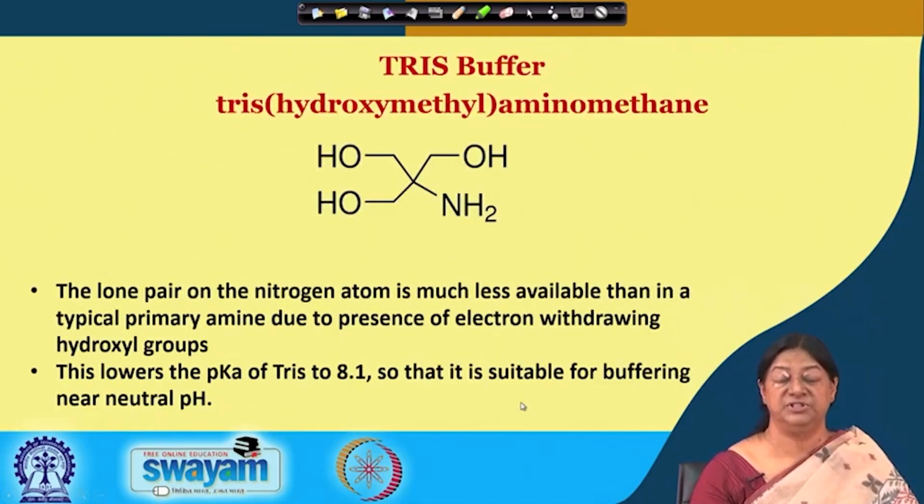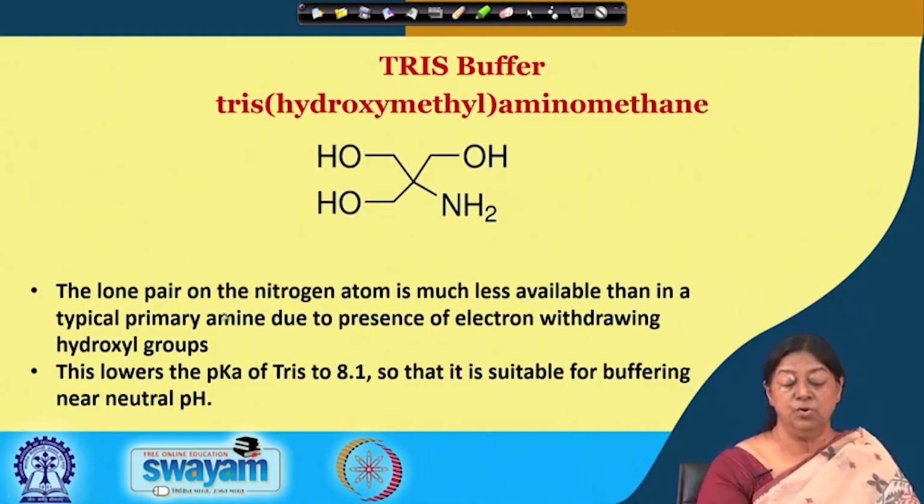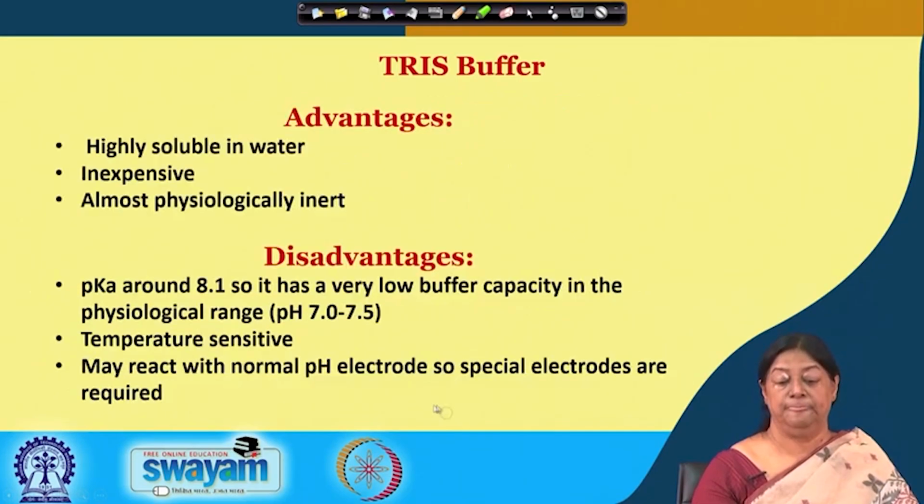For example, the Tris buffer. In this case, the lone pair on the nitrogen atom is much less available than in a typical primary amine due to the presence of the hydroxyl groups, which are electron withdrawing in nature. So, this lowers the pKa of the Tris buffer to around 8.1, so it is useful for buffering near neutral pH.